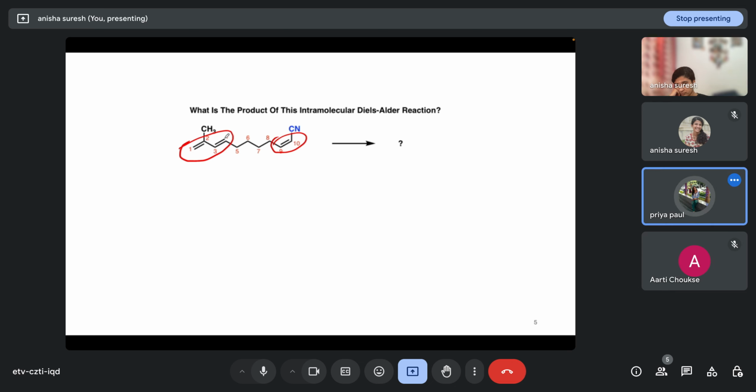That's a solid geometry. Scissor geometry. And what will be the final outcome? Will it be a fused bicyclic system or a bridged bicyclic system? And what will be the ring system, 6-6 fused, 6-5 fused?